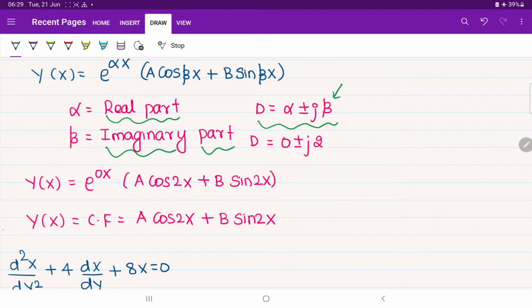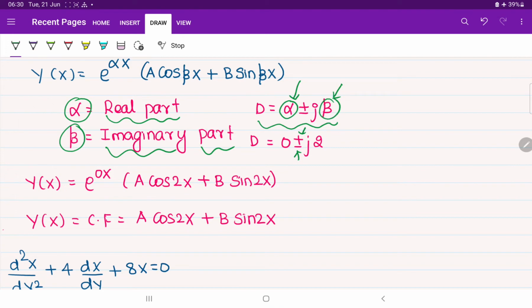When you are trying to find imaginary roots, you will always have a pair of roots. Definitely a pair of roots will exist: two roots with the same values but different signs, plus and minus.